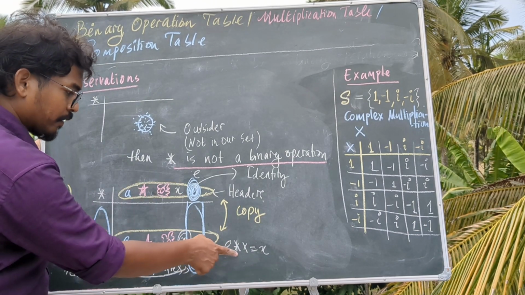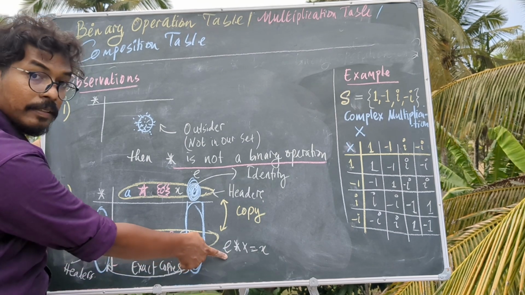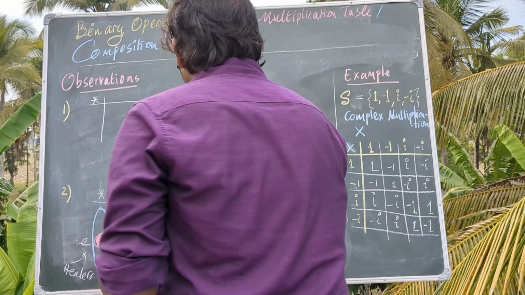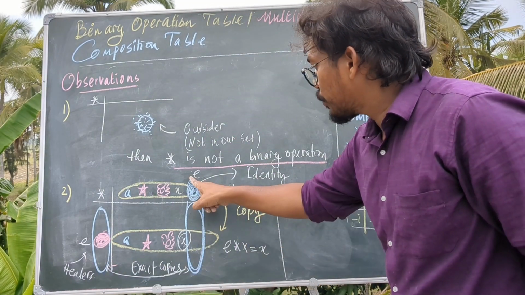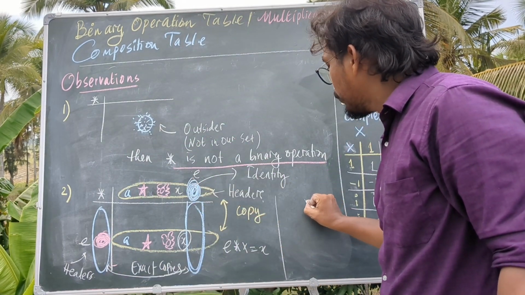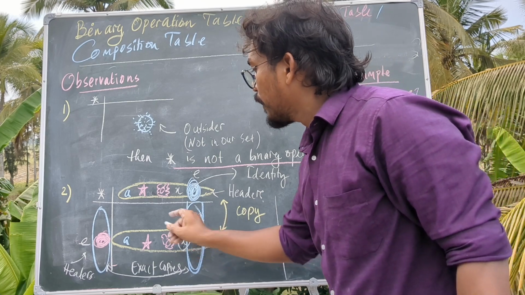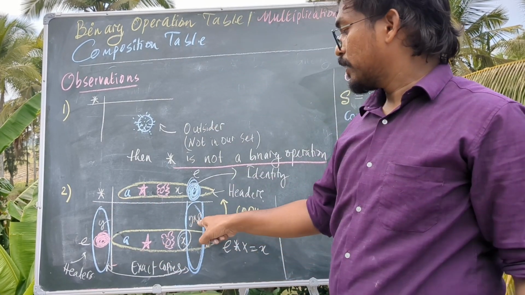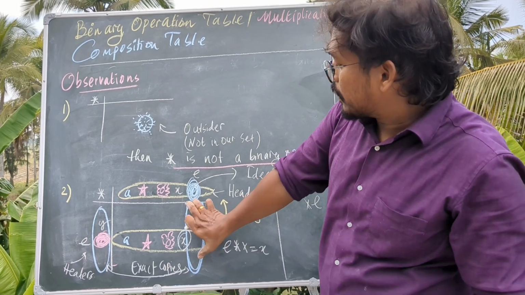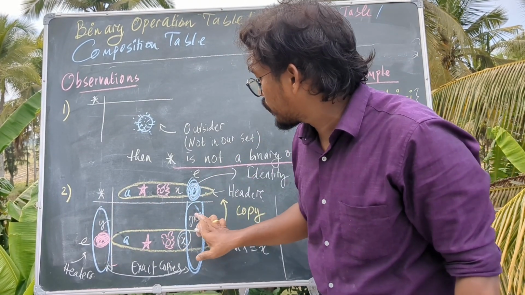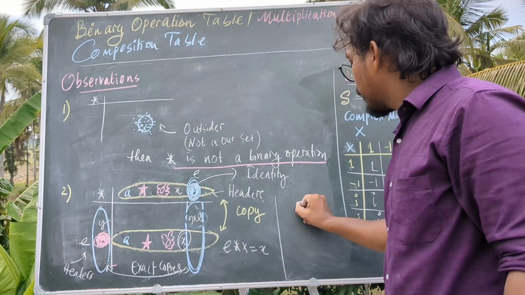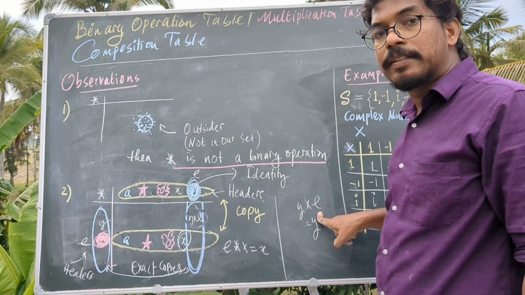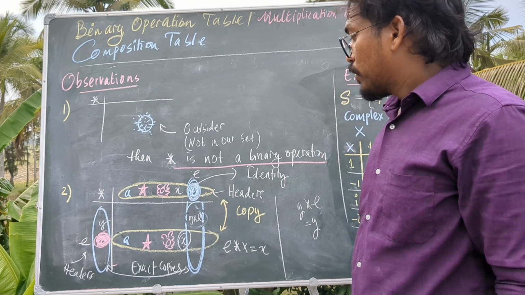On the right side we have E, and here suppose Y, this is Y star E, and if this is the exact copy of this one, this one is the same as Y, so E is our identity.